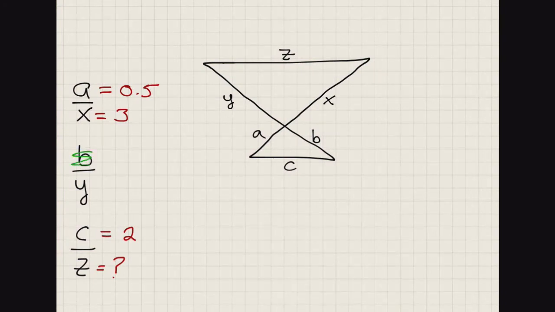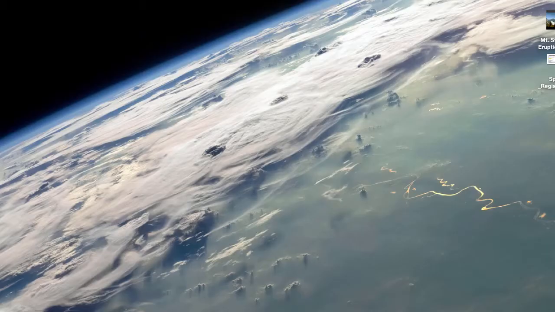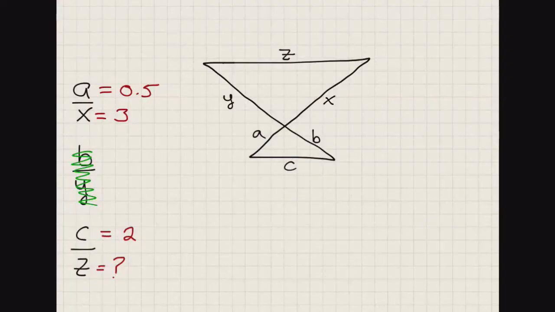So I'm just going to go ahead and scratch it out. Now, I can set two proportions equal to each other and solve, because they're similar figures. Okay, so here we go. Let's set these equal to each other.